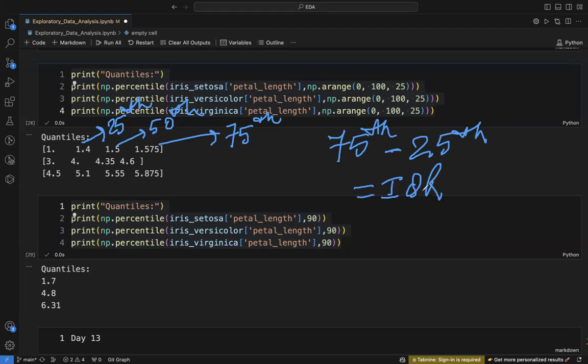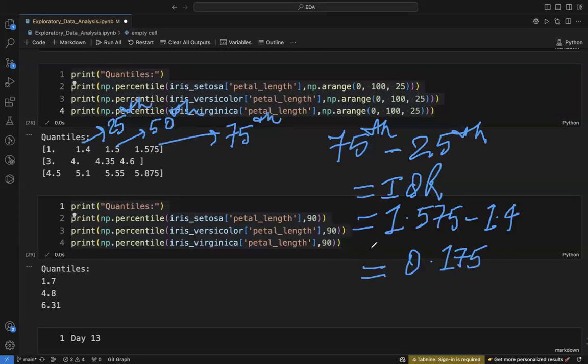Here it is roughly 1.575 minus 1.4, which is roughly 0.175.